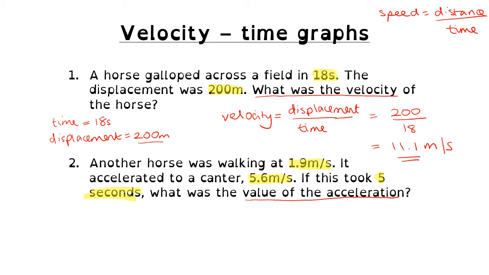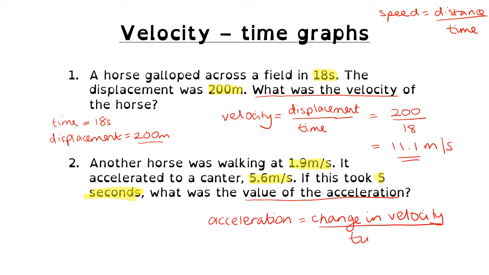I've highlighted all of the data in the question and put a line underneath the command, what it's asking me to do. It's asking for acceleration, which you need to remember is change in velocity divided by time.